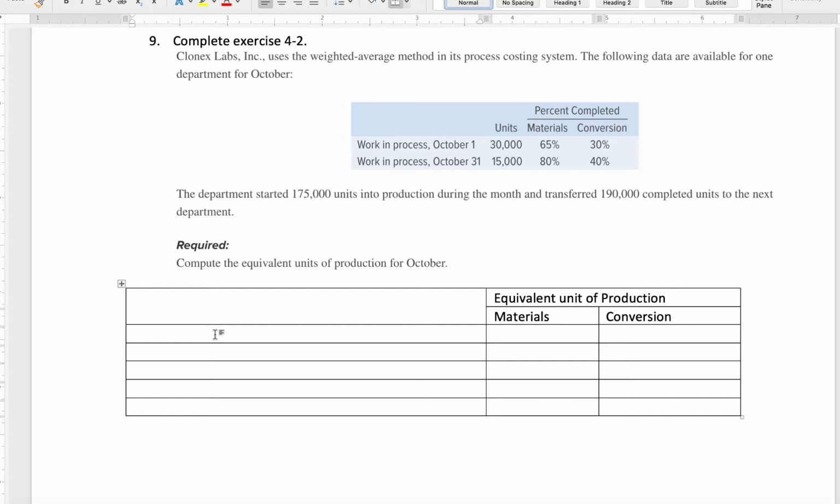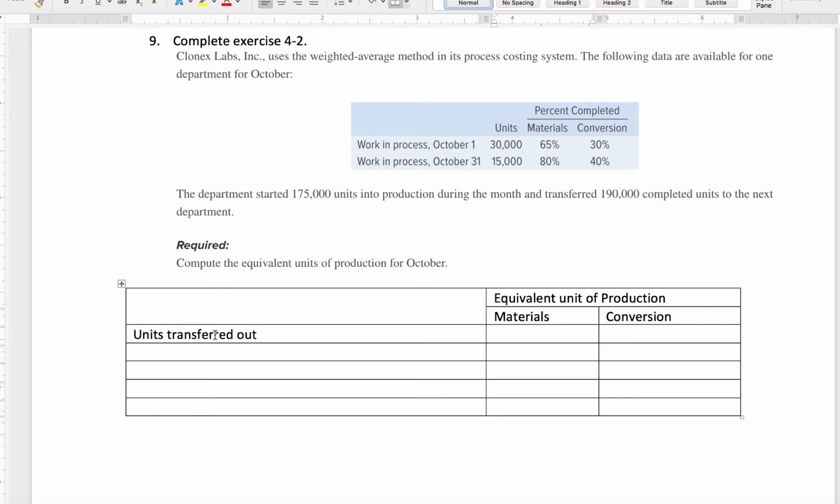Great. So remember, part one of step one, which again is calculating equivalent units of production, says to account for the units that were transferred out. That's easy. So I'm going to say units transferred out. How many were there?